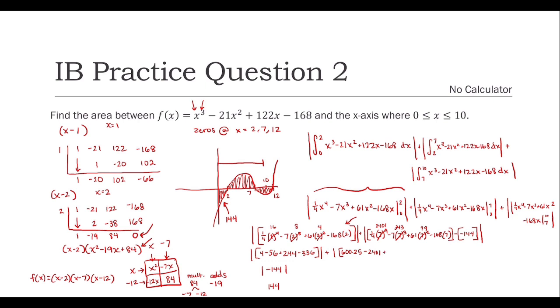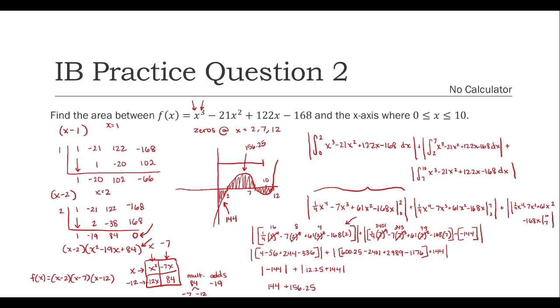Then we have plus 61 times 49, which is 2,989, minus 168 times 7, which is 1,176. So we have all of that minus negative 144, so it'll be plus 144. So this will be plus the absolute value of 12.25 plus 144, which gives us a positive 156.25. So the area of this middle section is 156.25.